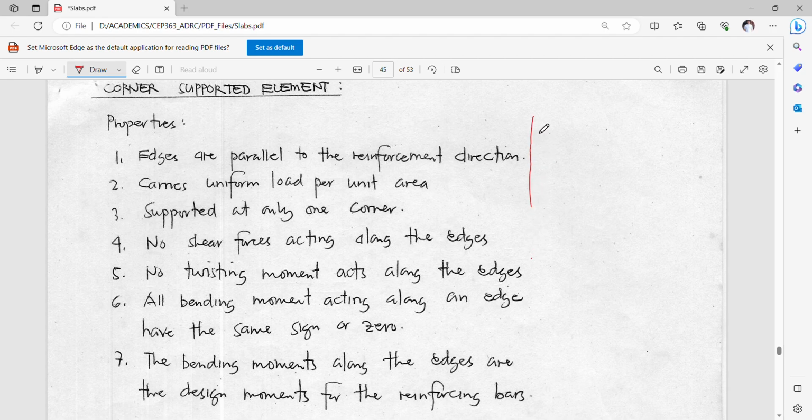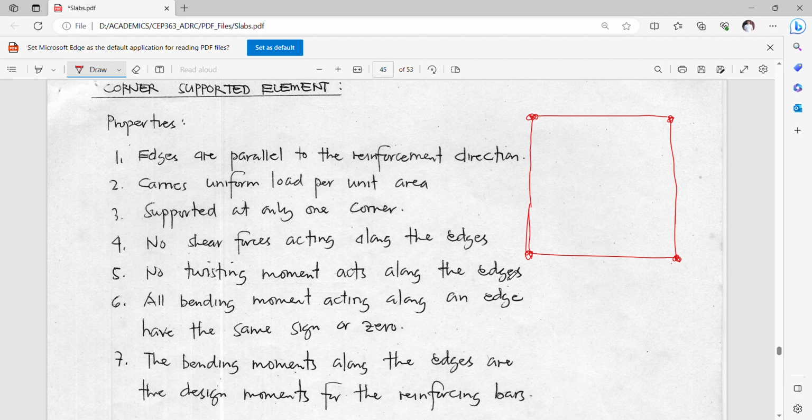Okay? So if I have here a considerably larger panel of slab, where the original supports are normally at the corners here.